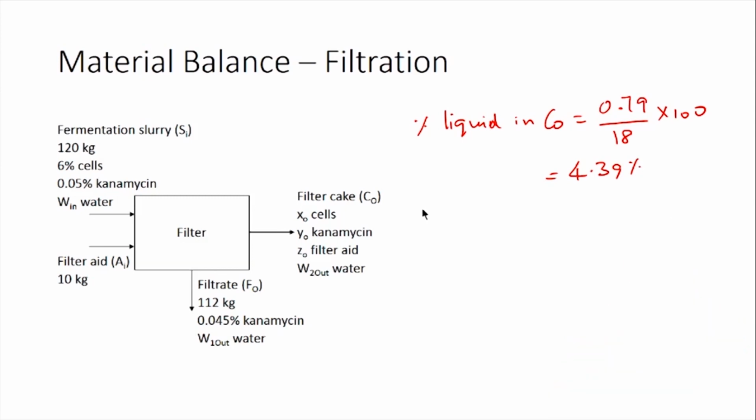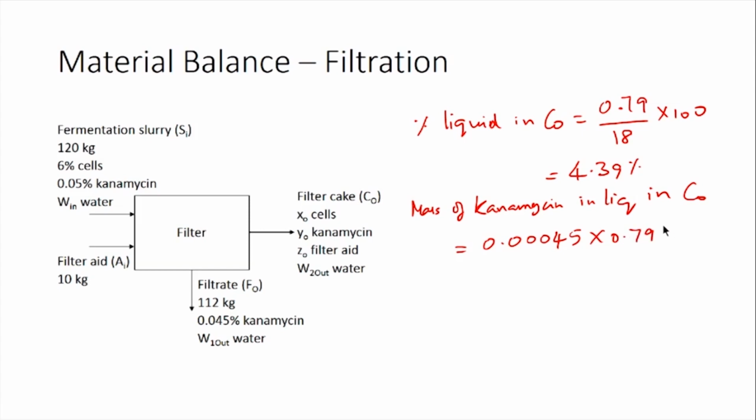So, the mass of kanamycin in the liquid present in C naught, which is the filter cake, would be 0.00045 times 0.79 kilograms, which is the mass of water. So, the total mass of kanamycin leaving in the liquid is 3.6 times 10 power minus 4 kilograms.